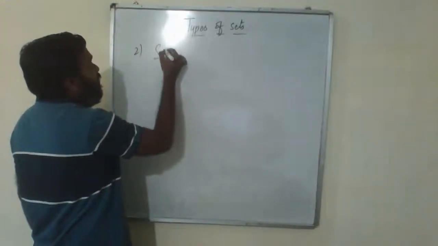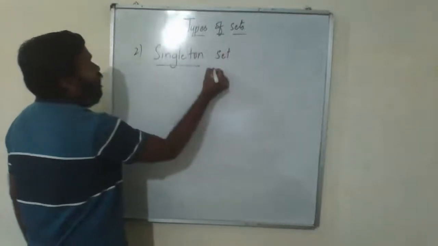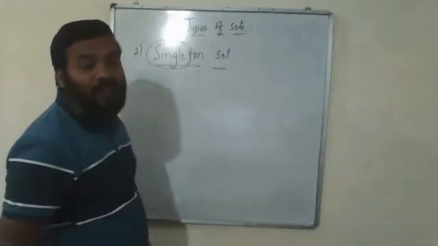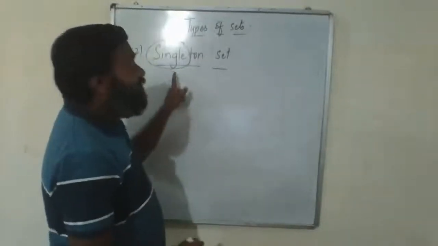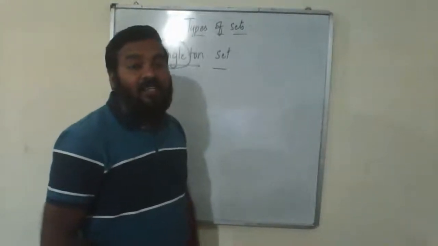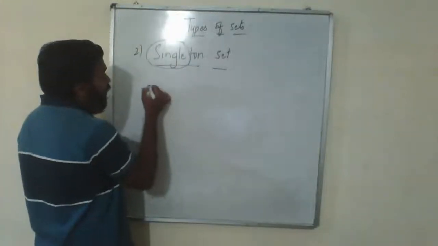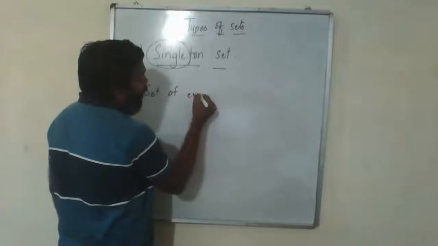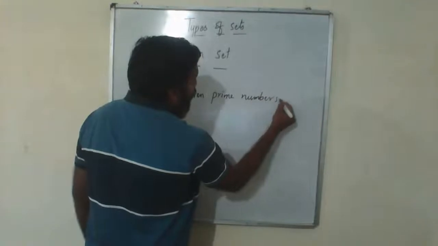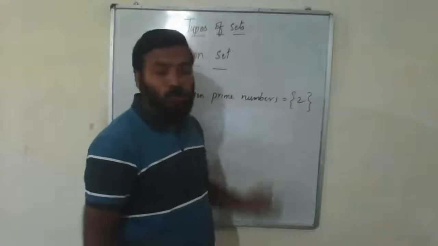The second one is the singleton set. The name has single in it, and single means one. If a set has only one element, then that type of set is known as a singleton set. We can write the set of even prime numbers, that is 2. In this set we have only one element, that is 2.